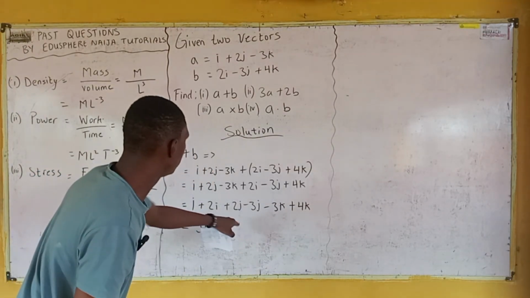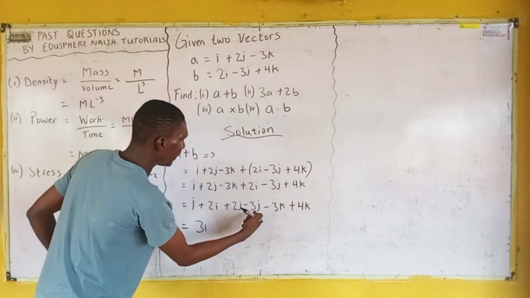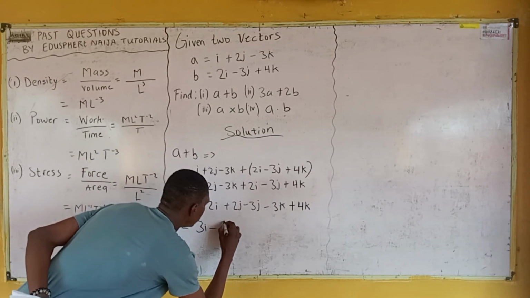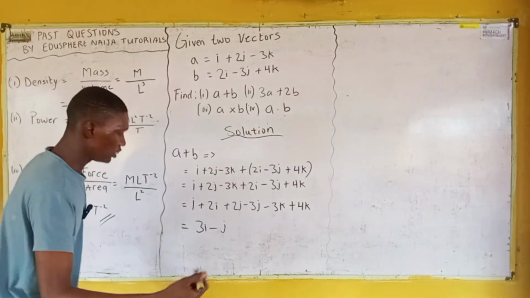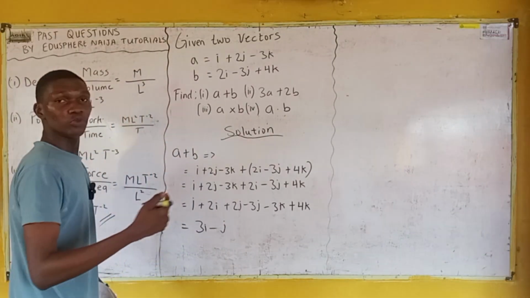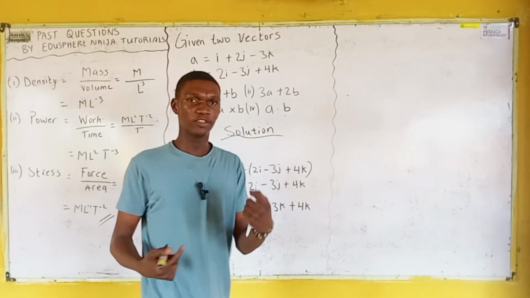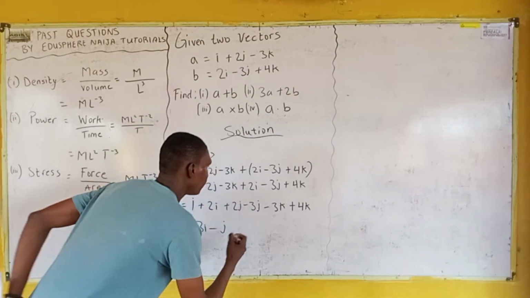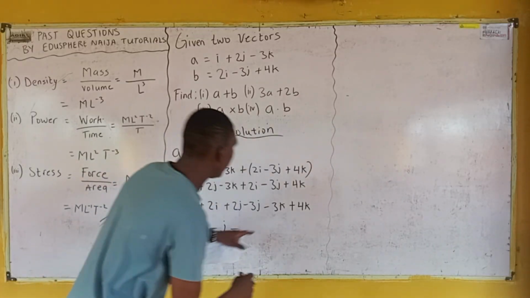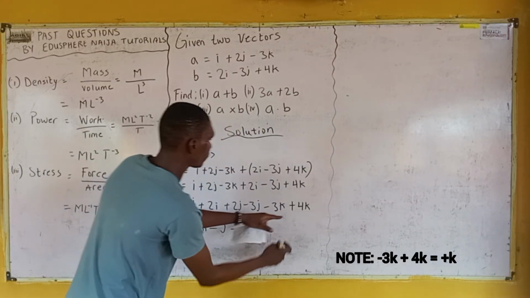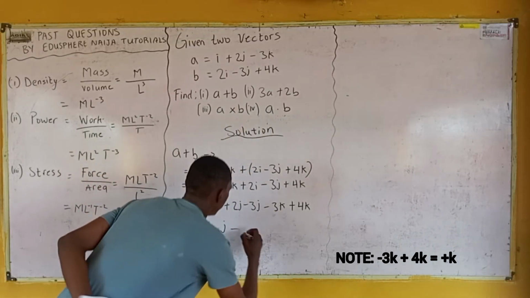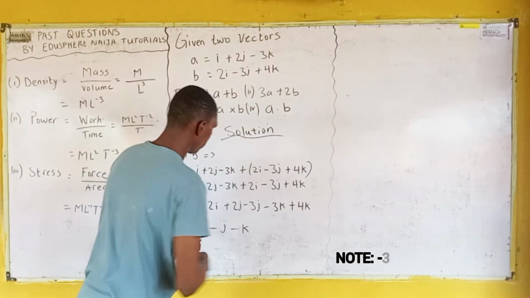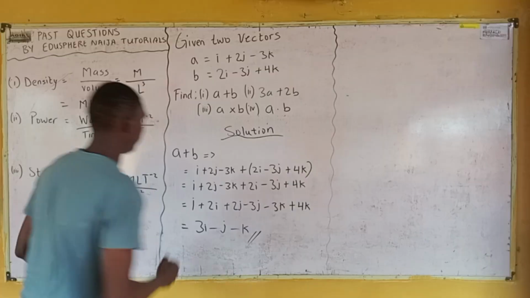For j, we have 2j minus 3j, and that will give us minus j. Since the one is invisible, if you call it minus 1j, you are still right. Then k next: minus 3k plus 4k gives us minus k, or minus 1k, and that is the final answer.